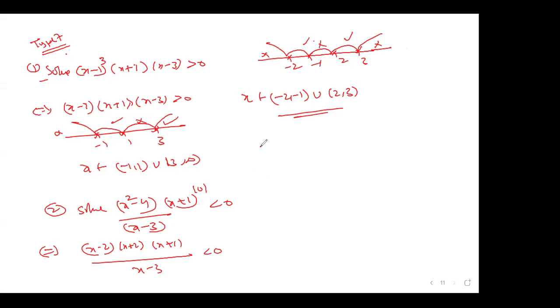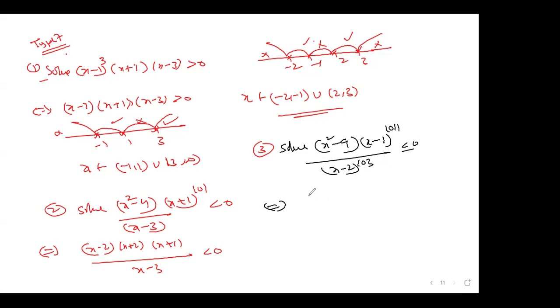Third one then. Suppose solve x square minus 9 is there, and here x minus 1 whole to the power of 1011 divided by x minus 2 to the power of 103. If I say less than or equal to 0, nothing to worry. What do you have to write? This is x minus 3, x plus 3, x minus 1, because odd powers, leave it. But we have to write everything.